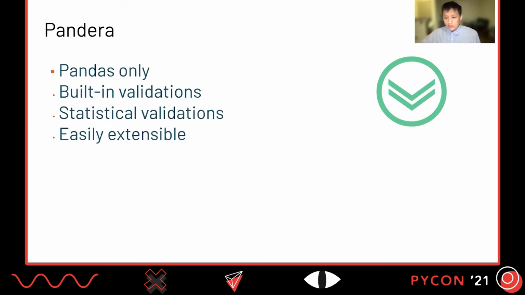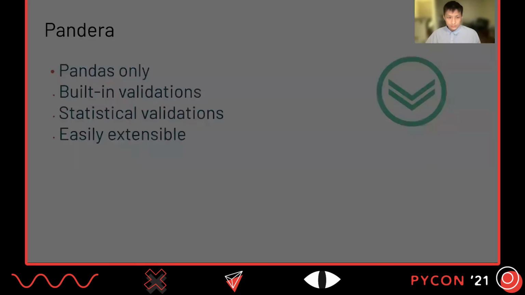Similar to Great Expectations, it has a lot of built-in validations, and it also has statistical validations. For example, you can see whether two columns follow the same distribution, or run t-tests. A nice thing about Pandera is that because it's lightweight and simple, it's very easy to extend with custom validators.